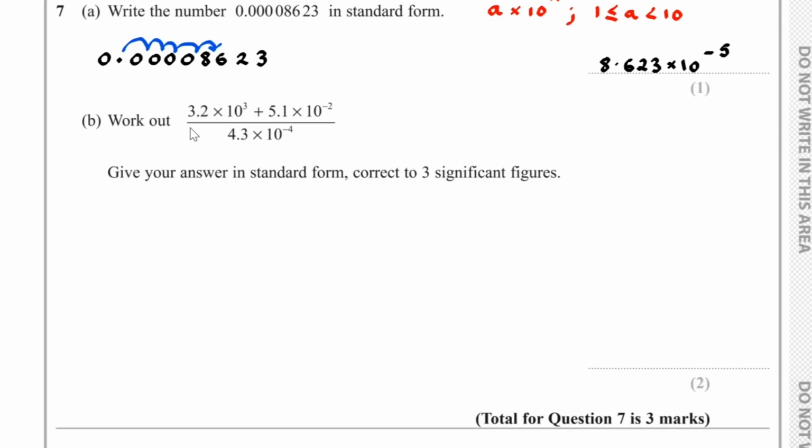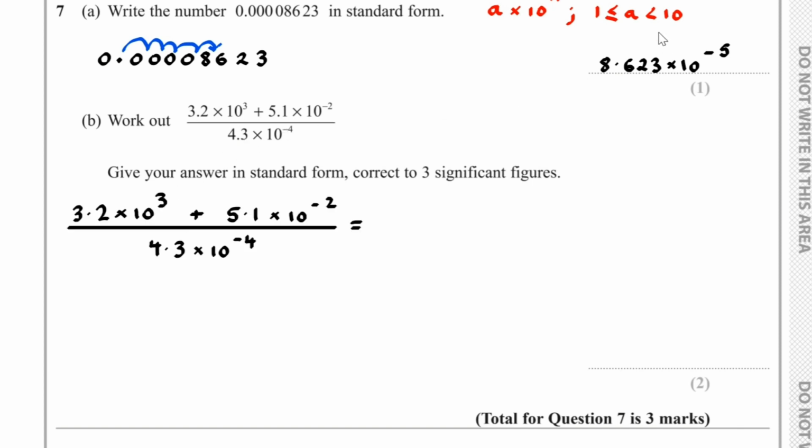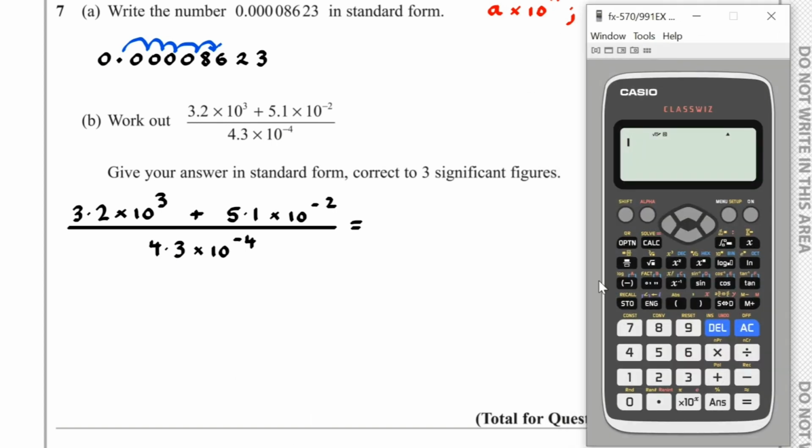And then for part B, we have to work out 3.2 times 10 to the 3 plus 5.1 times 10 to the minus 2, divided by 4.3 times 10 to the minus 4. Well, we can substitute this into our calculator. We have 3.2 times 10 to the power of 3 plus 5.1 times 10 to the minus 2, divided by 4.3 times 10 to the minus 4.